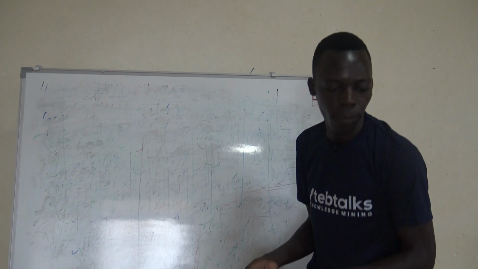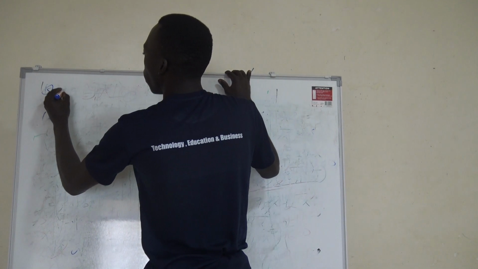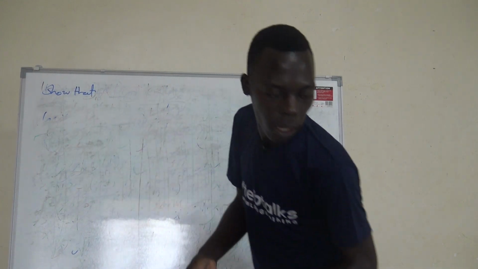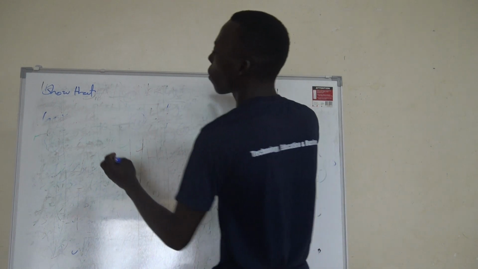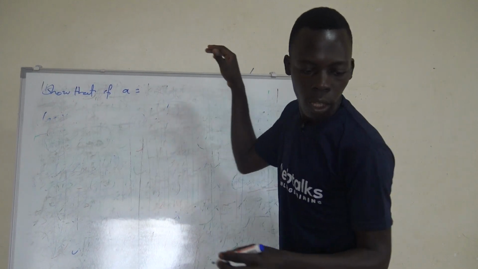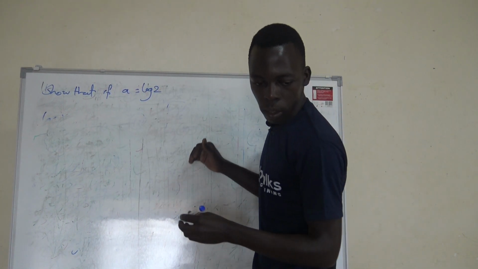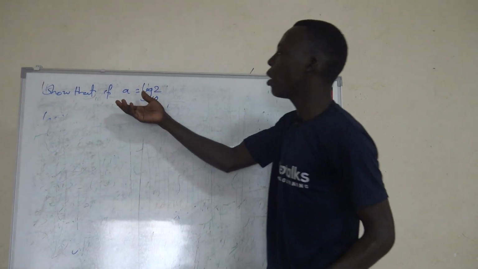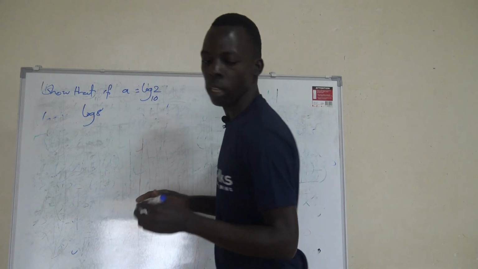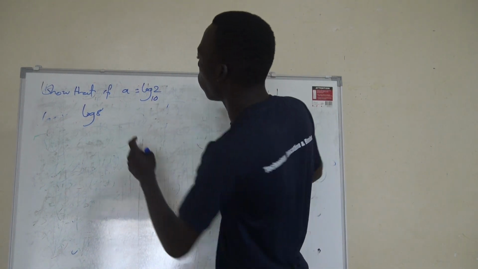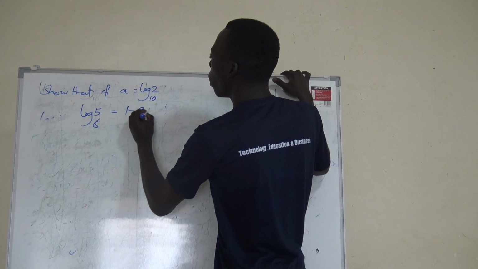We begin with this question. We are showing that if a equals log of 2 base 10, then show that log of 5 base 8 equals (1 minus a) out of 3a.